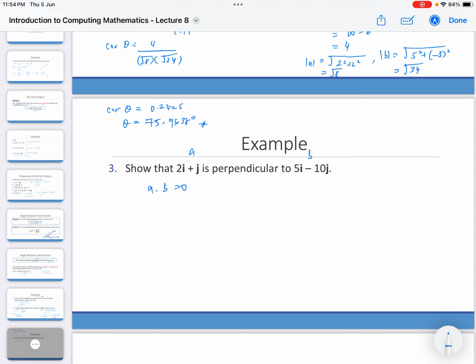So let's find A dot B. This equals 2 times 5, plus 1 times negative 10. So we get 10 minus 10, which equals 0. Then we can say that these two vectors are perpendicular or orthogonal vectors.